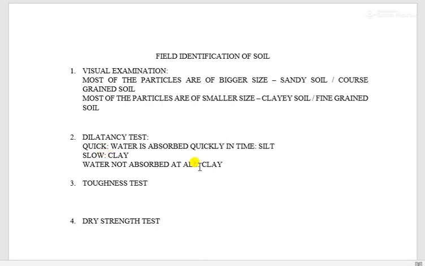If the water is absorbed after some time, then the soil may be classified as clay, and if the water is not absorbed at all, then also the soil may be classified as clay.